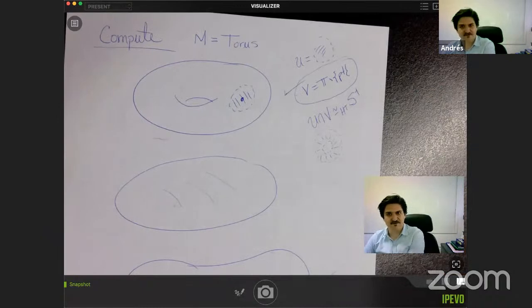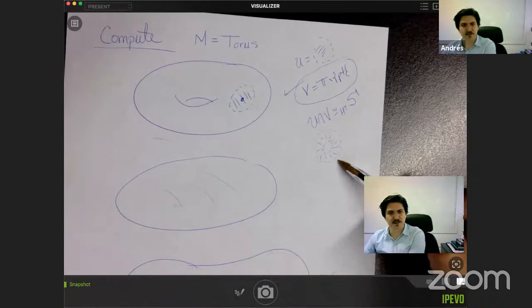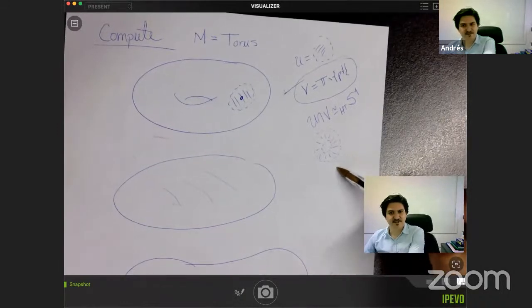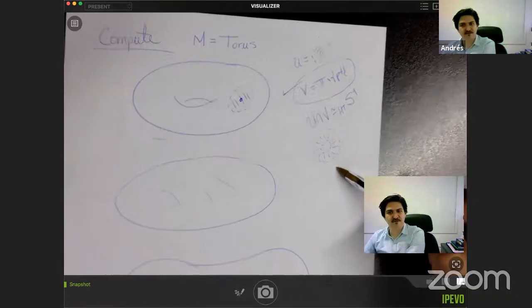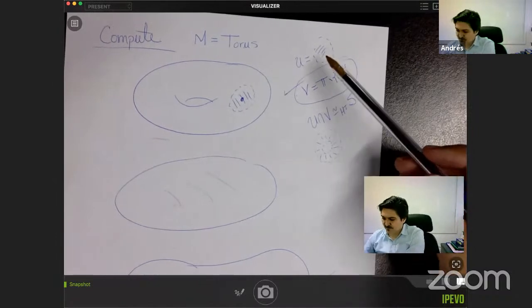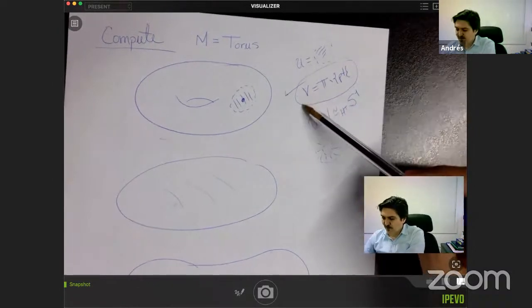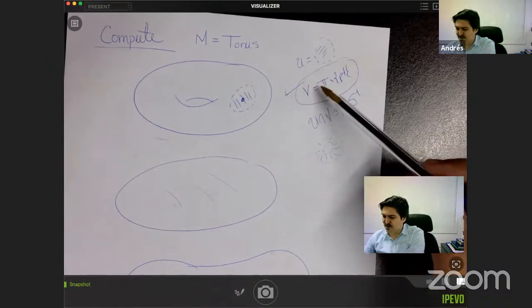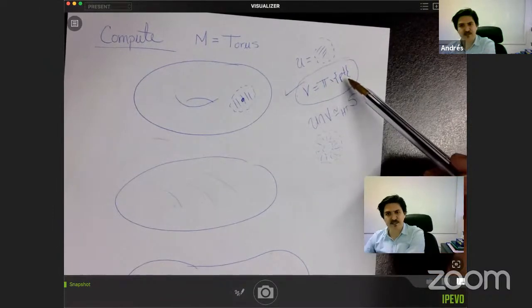A circle. Right? Because this is basically the cylinder. You just put it flat on the table. So we will be able to compute the cohomology of the torus minus a point.